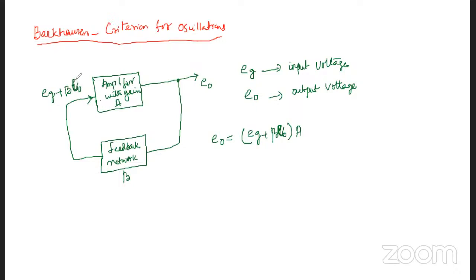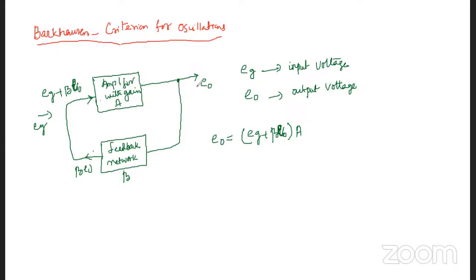This beta E naught is given again at this point. Already we have an input signal EG, so the total input to the amplifier is EG plus beta E naught.